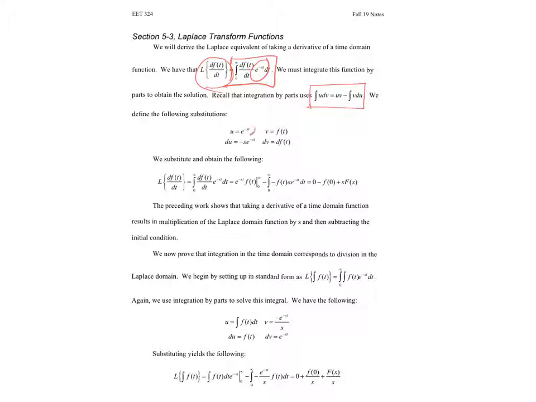So this is e to the minus st dt. No, sorry. It's the other one. It should be here, df/dt dt. So I did have it right. You'll notice here that this term and this term will cancel. So u equals e to the minus st, and dv equals the first derivative of my function.